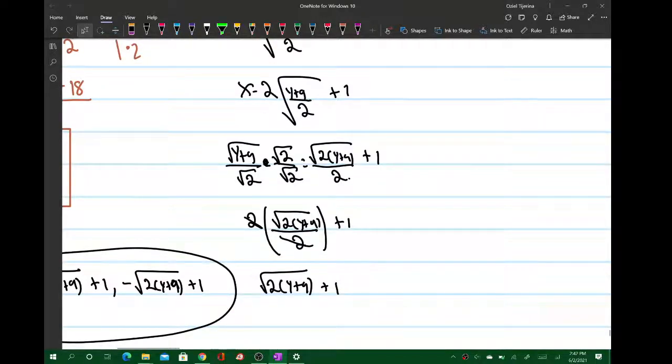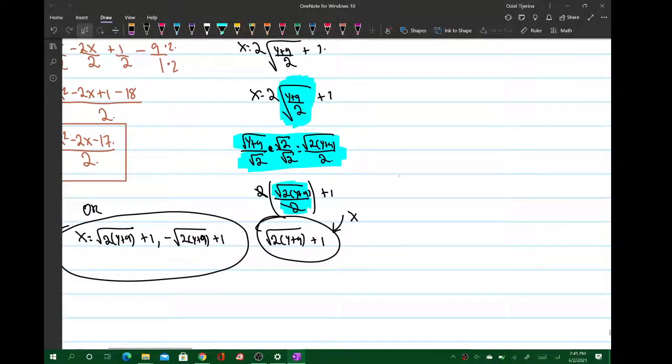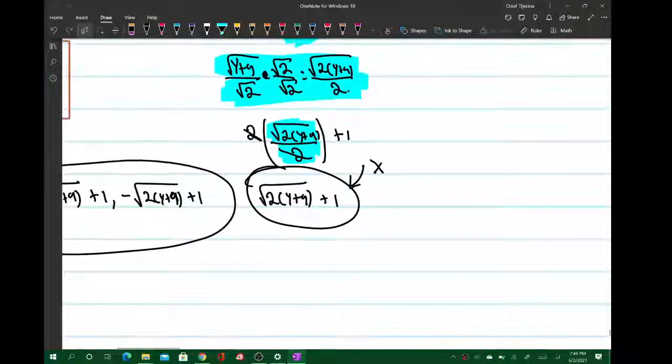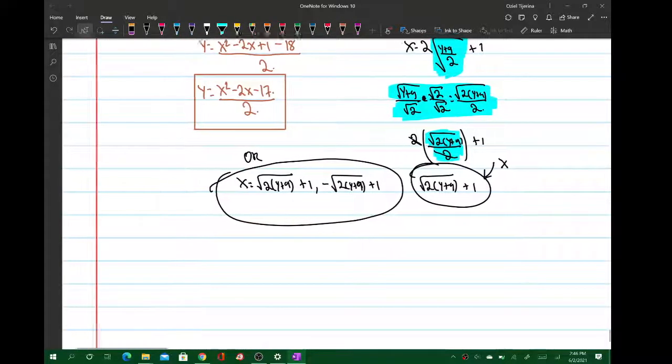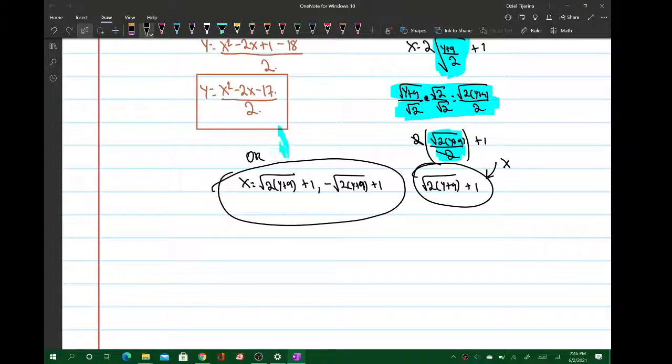Basically, I just rationalized this part, and I got the square root of 2 times y plus 9 all over 2, right? And then I plugged it back in, and I got the square root of 2 times y plus 9, and then plus 1. So that's how I got both of these answers, okay?